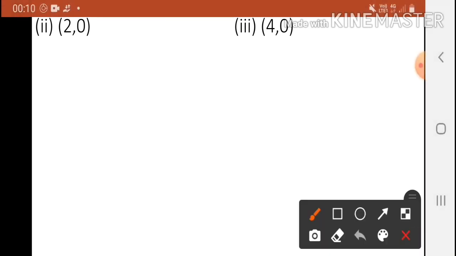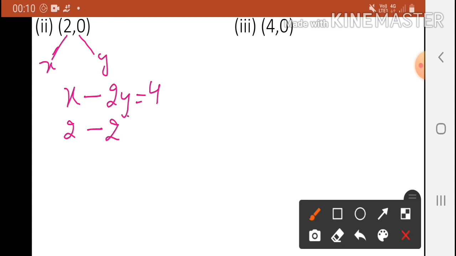Second part, this is x, this is y. The equation is x minus 2y equals 4. x is 2, y is 0, equals 4. 2 minus 2 multiplied by 0 is 0, equals 4. 2 equals 4.